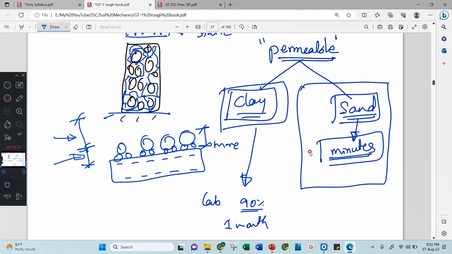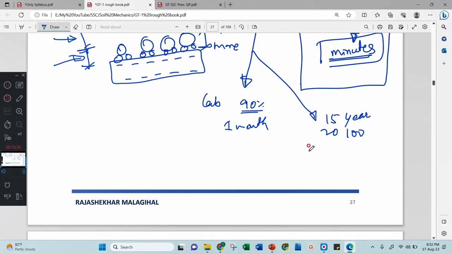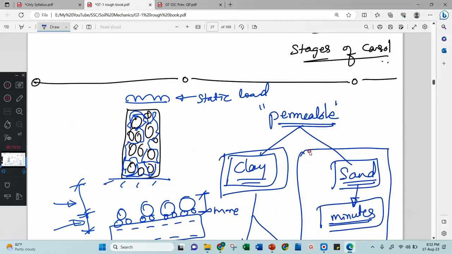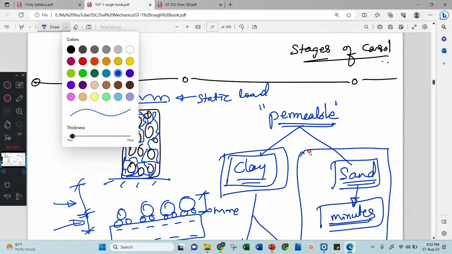But in the field, to get 90% expulsion of water, it may take about 15 years, 20 years, 100 years, depending on the soil and its characteristics. Sometimes it may take 150 years for 90% consolidation. In the laboratory we can make it very quick, in 1 month or 2 months. Understood? That's why it is very important to study this consolidation chapter.